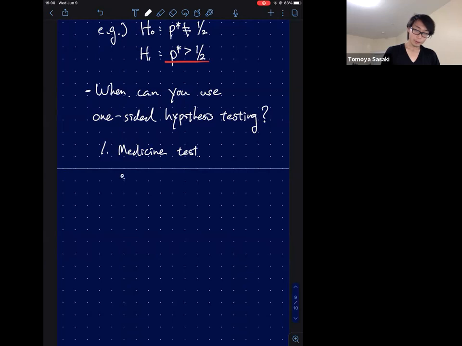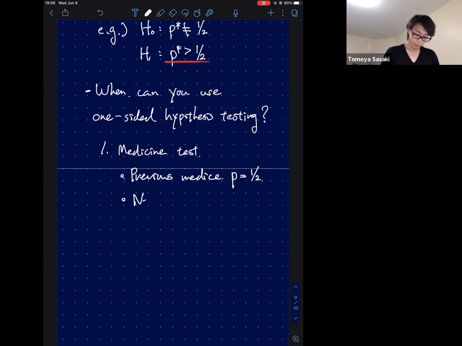You are a data scientist, and your company fielded a medical experiment with a new medicine. Let's assume that the previous medicine had a probability of 1/2 success. So it's going to cure the patient with probability 1/2.